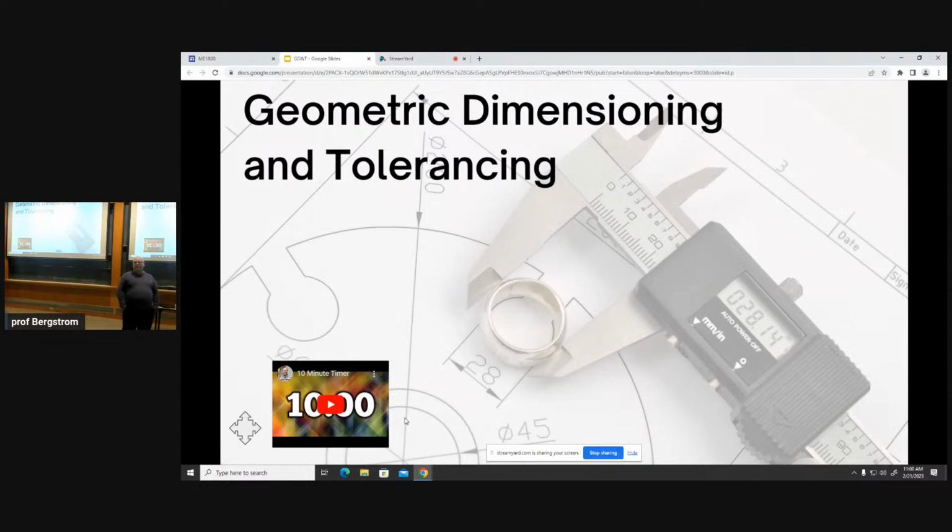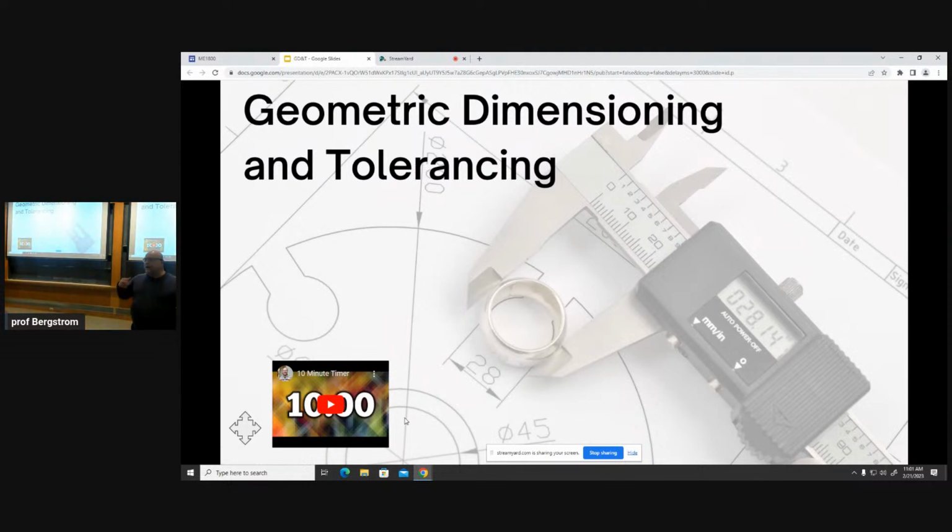I'm pretty sure it's a system for representing what the tolerances are and what the dimensions are for the parts, right? So it's a standardized way for designers to tell manufacturers how they expect the part to be made and what they expect the part to fulfill.